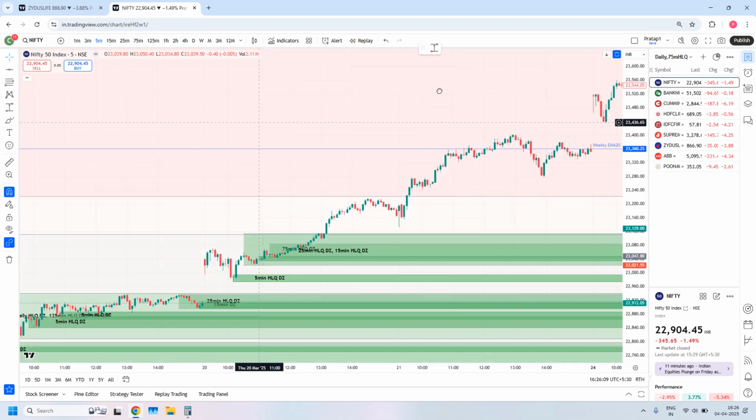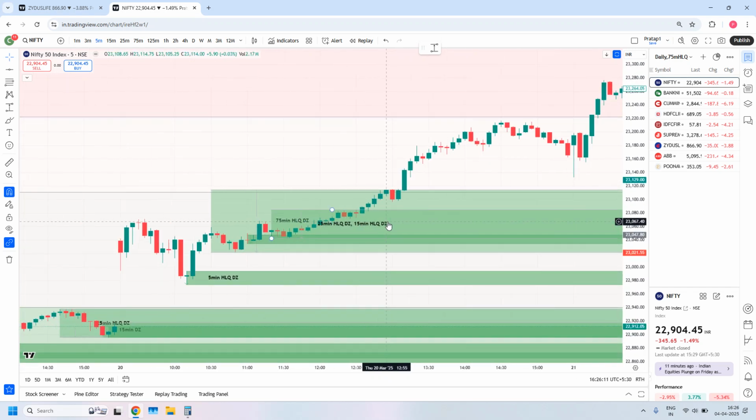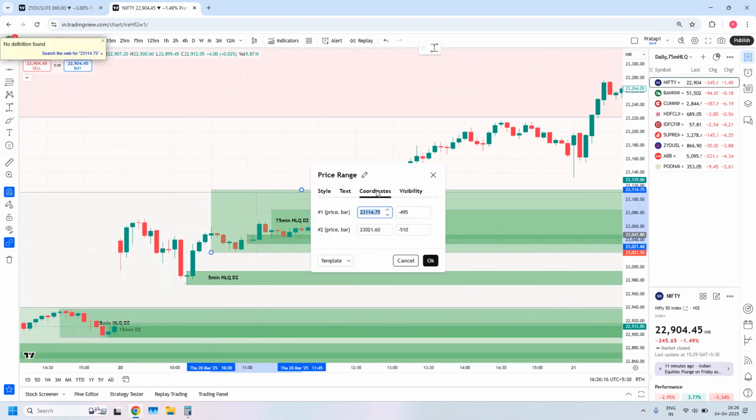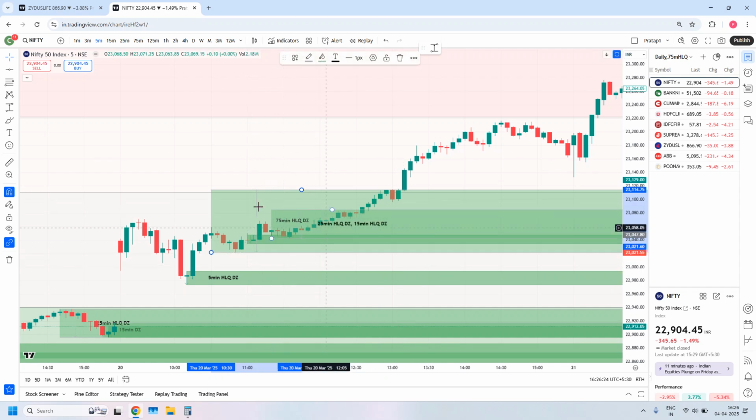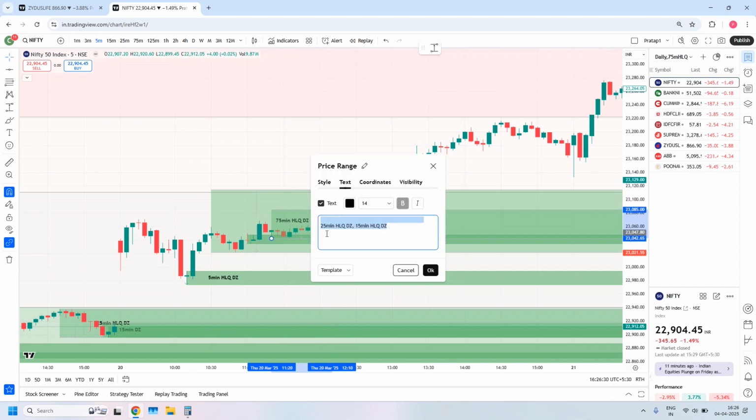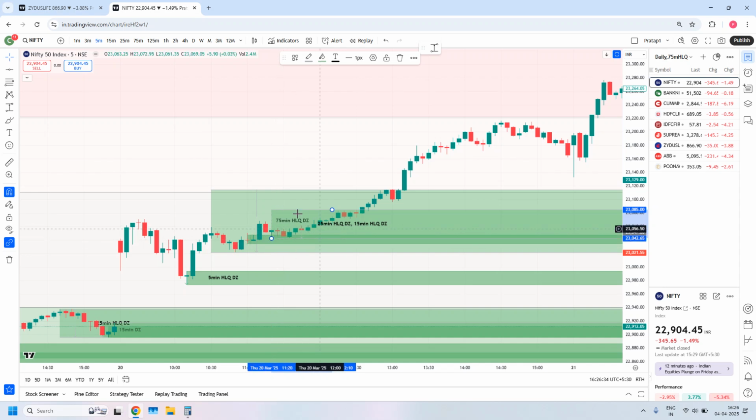Let me zoom. And this entire thing is a 75 minutes high liquidity demand zone. This 75 minutes high liquidity demand zone is having 25 minutes and 15 minutes high liquidity demand zone.